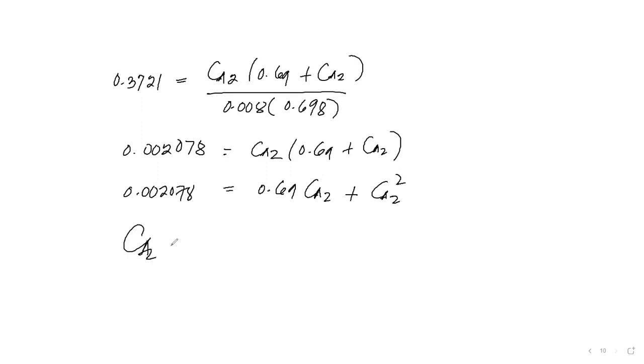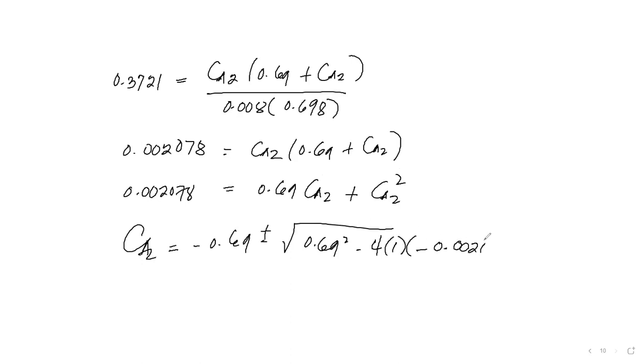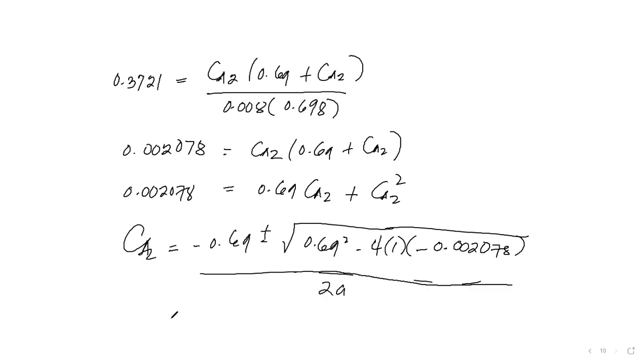So your Ca2 can be, if all of this is in here, negative 0.69 plus minus the square root of 0.69 squared minus 4 times 1 times negative 0.002078, all over 2a if you use the quadratic equation.